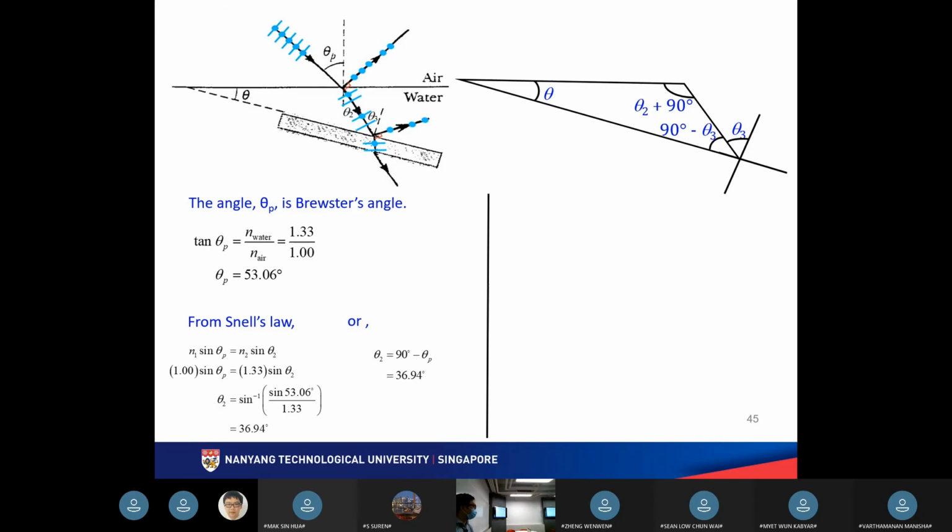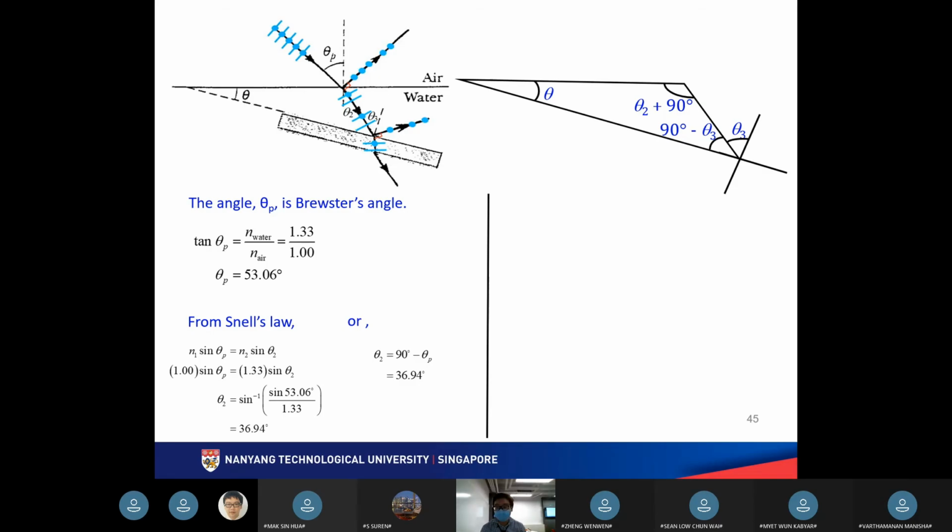My theta 3, tangent theta 3 should equal how much?